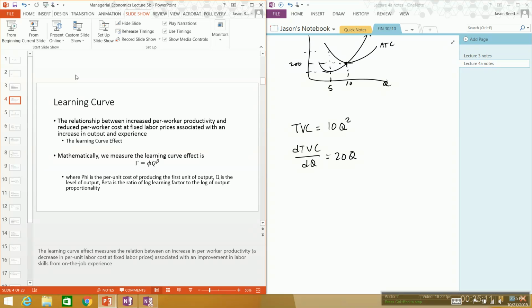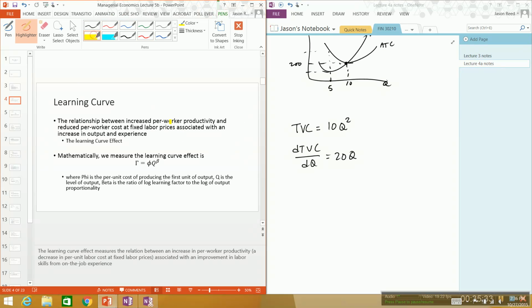So the relationship between increased per worker productivity and reduced per worker cost at fixed labor prices associated with an increase in output and experience is the learning curve effect. So this big definition says that we have a learning curve effect. And so we can see that we're taking into account a few different things here. What we're concerned with is the relationship between increased per worker productivity, right?